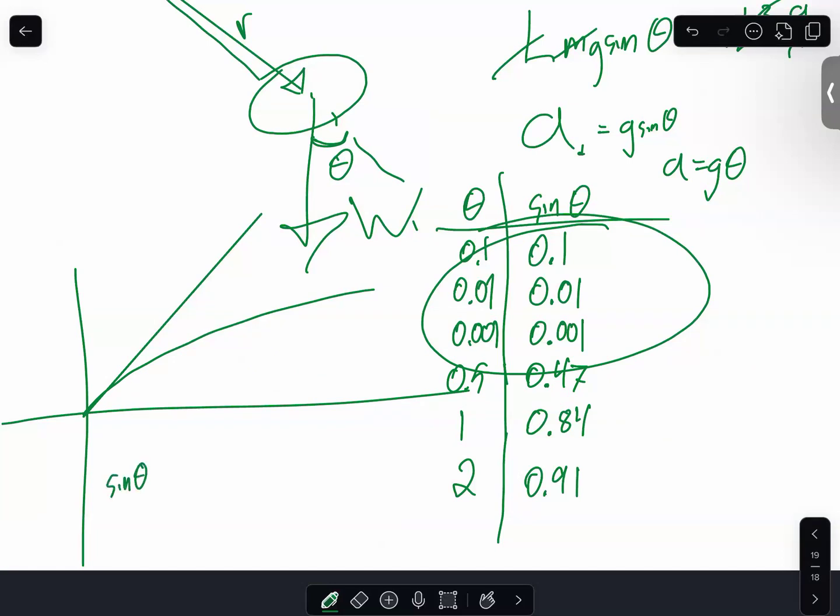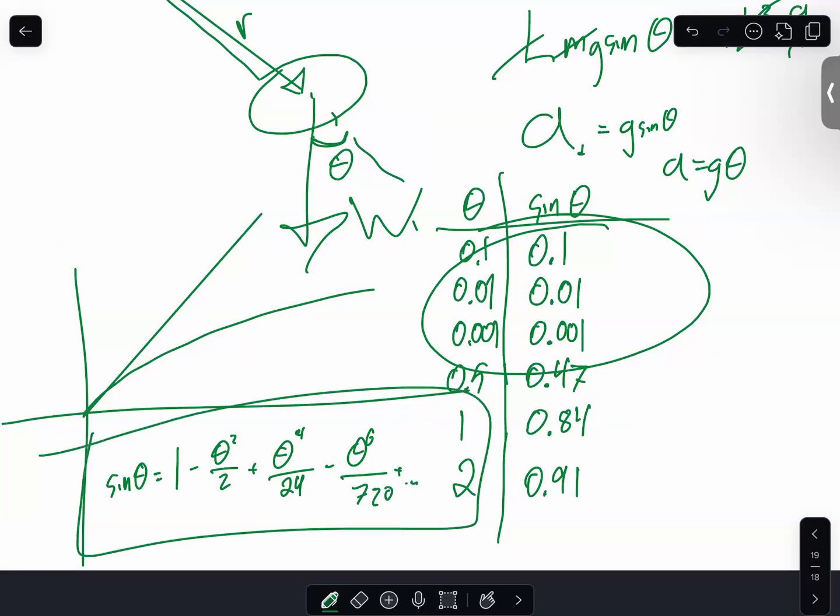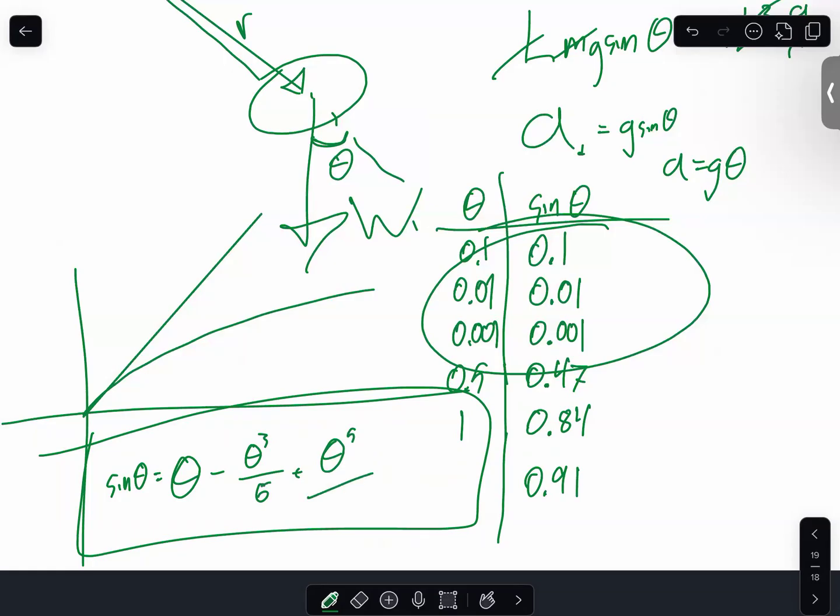There is a fun little formula. Here's a really good approximation of sine.